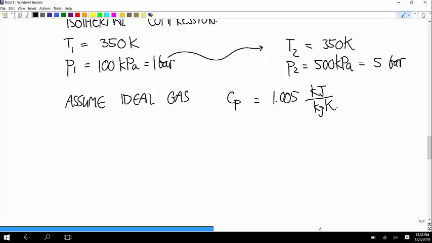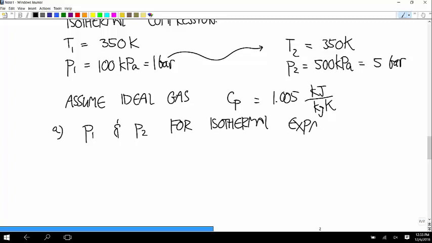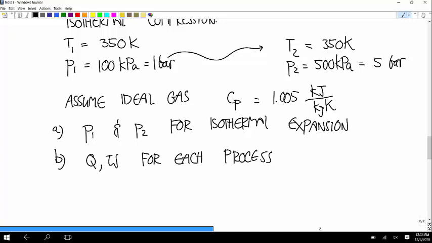And we want to figure out the pressure at the beginning and end of the isothermal expansion, and second, the heat transfer and work for each process. And third, the thermal efficiency.